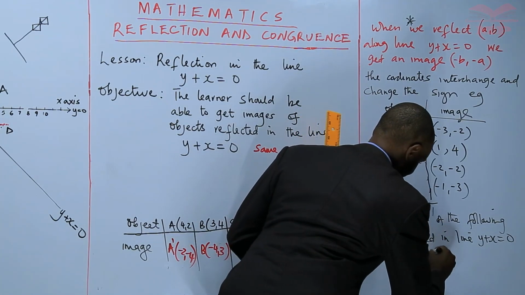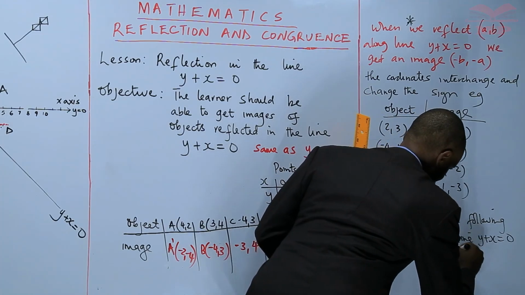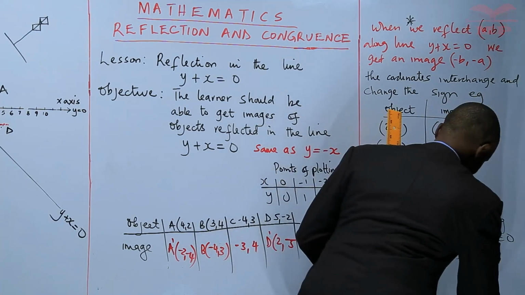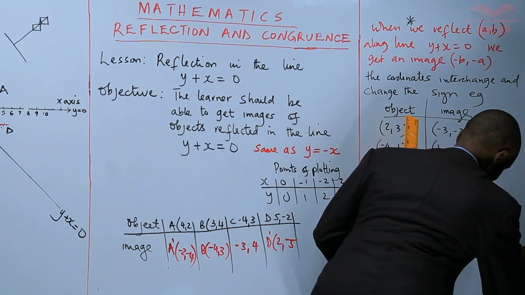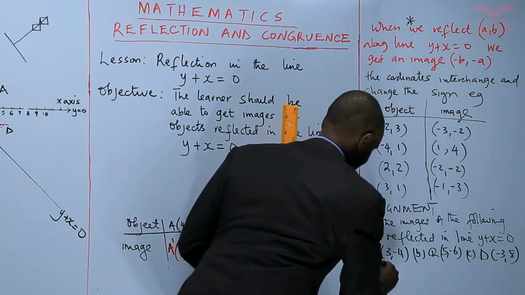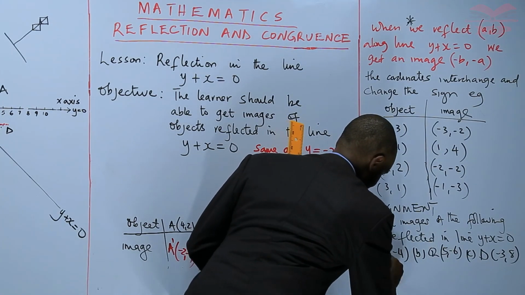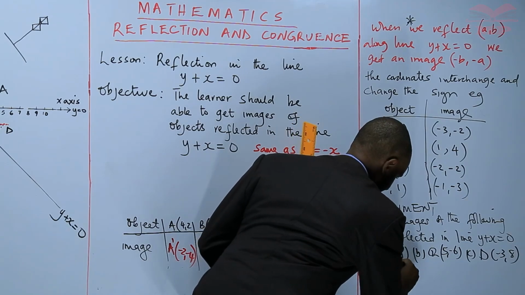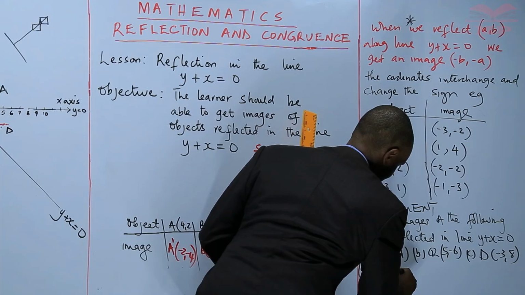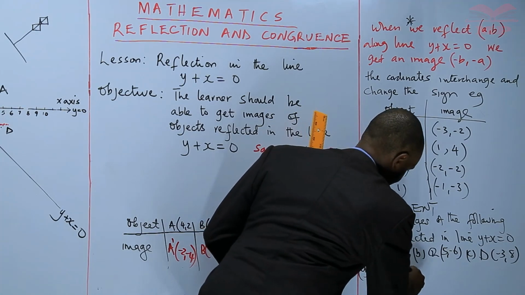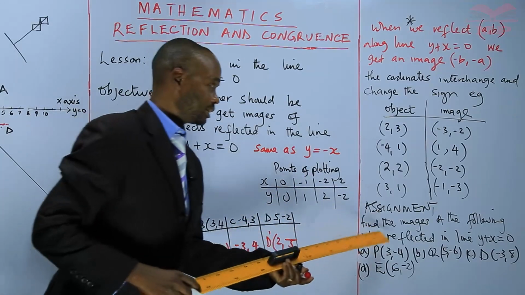B, Q, 5, negative 6. C, D, negative 3, 8. E, point E, which is 6, negative 2. So you'll find the images of that.